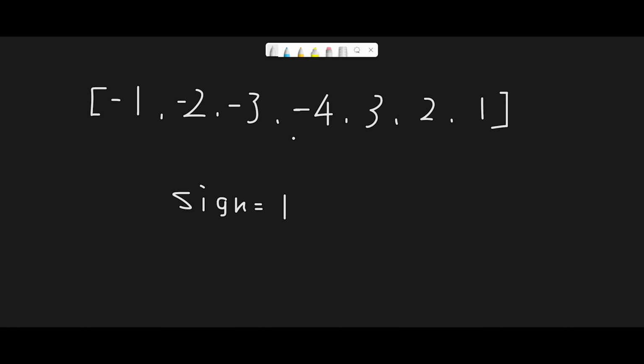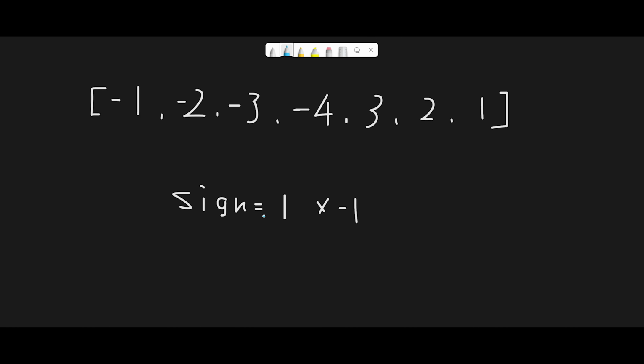To solve this question, I use one variable, let's call it sign, initialized with 1. Basically, we iterate through all values one by one. If we find a negative number, we multiply minus 1 to the sign variable, because a negative number affects the plus or minus.